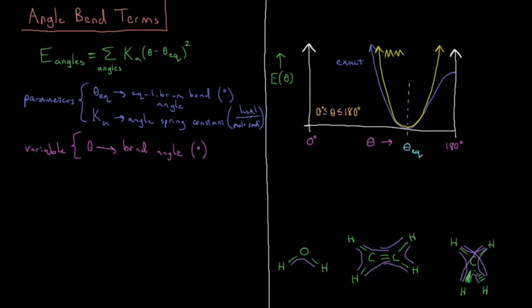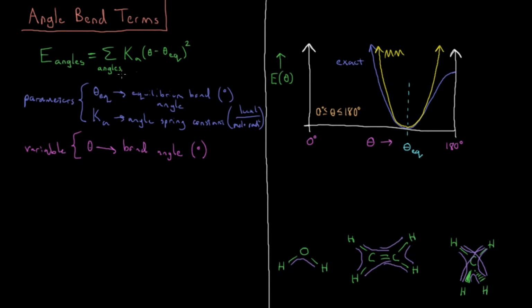One particular caveat is that as you go over 180 degrees, the potential actually should go to a first derivative of 0, and in molecular mechanics it doesn't do that, but that's an issue for another day when we get into molecular dynamics.